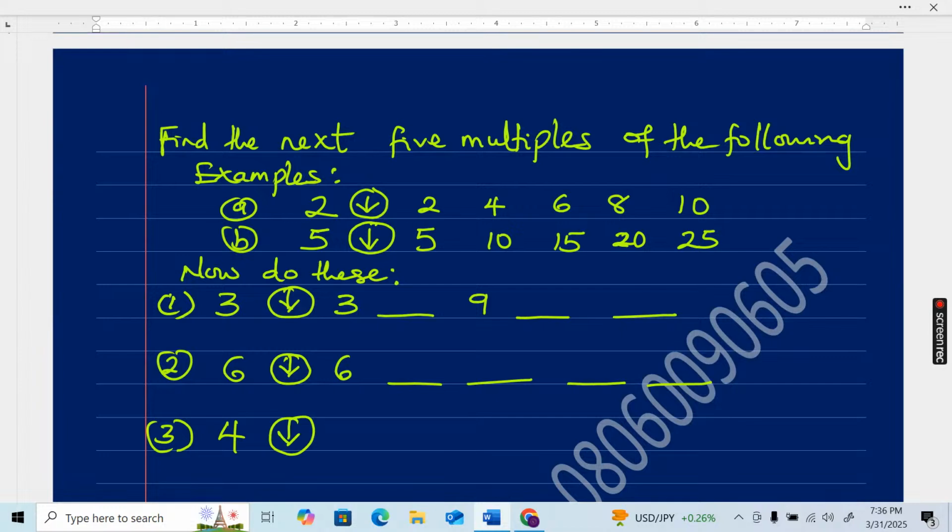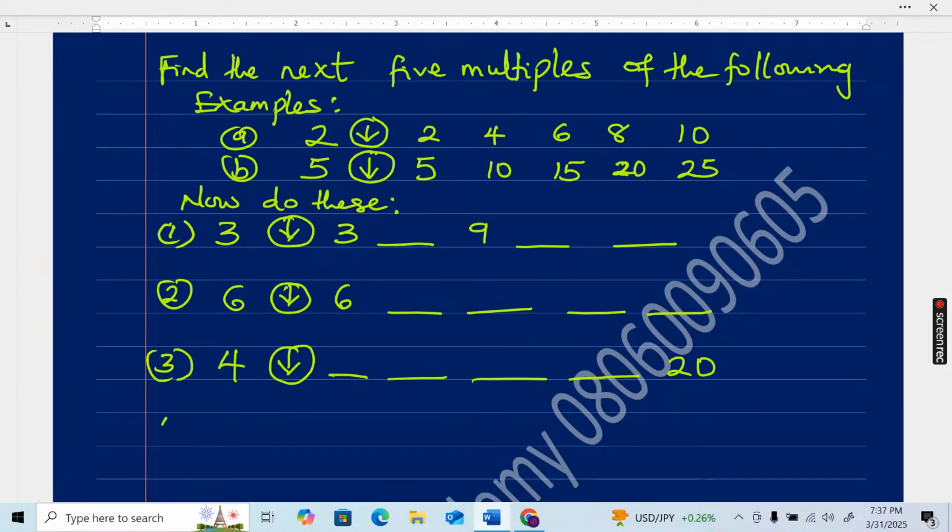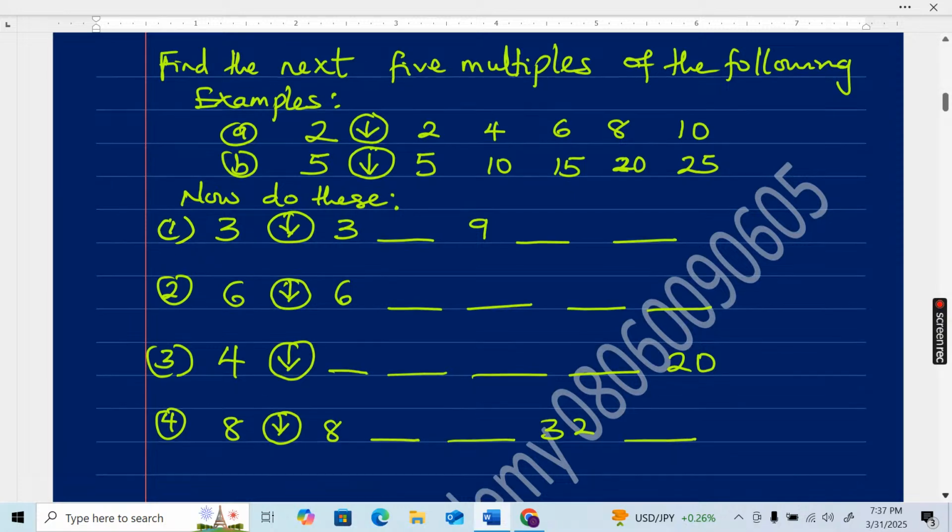Make sure you think about it, although you have been given a clue. Okay, so we are almost there.